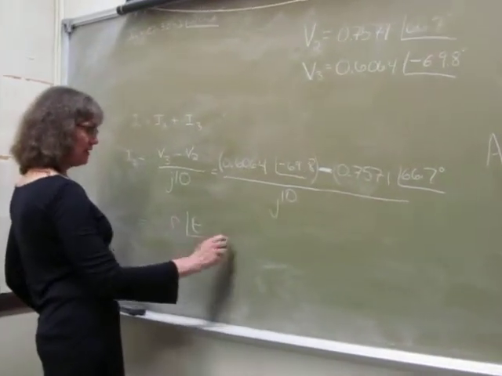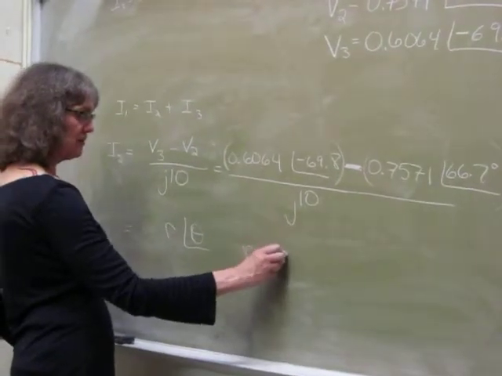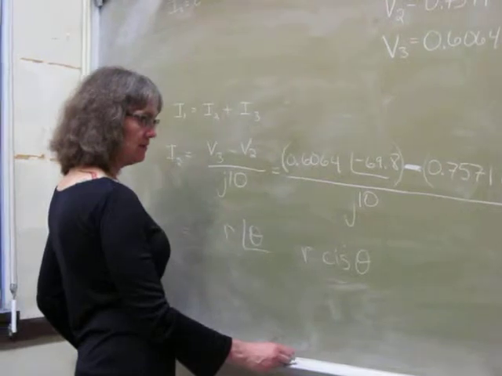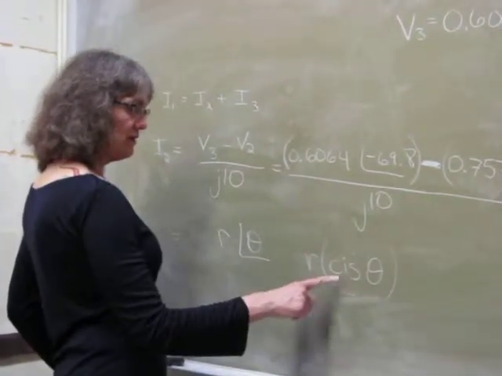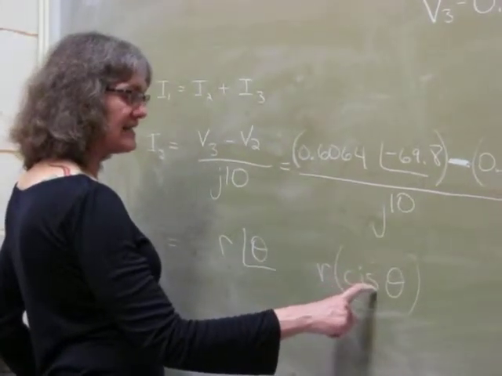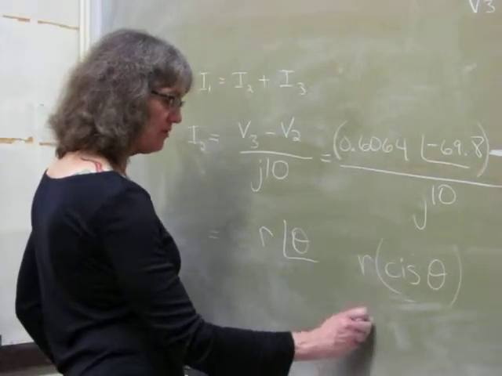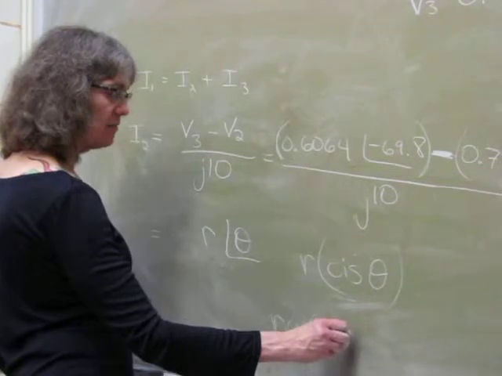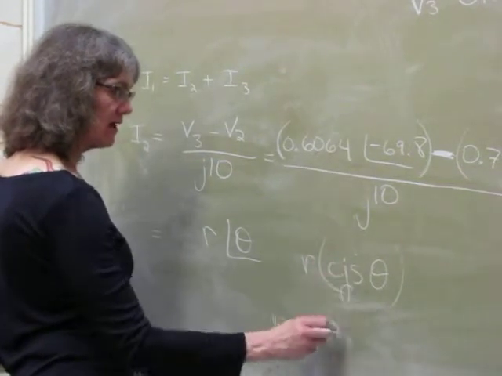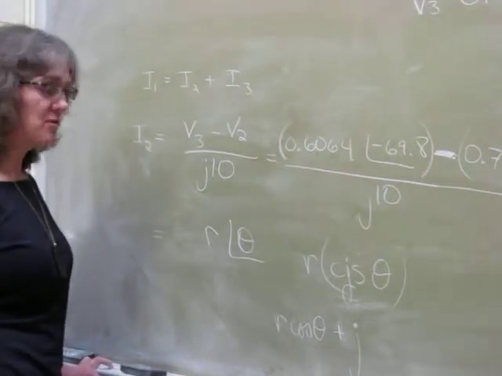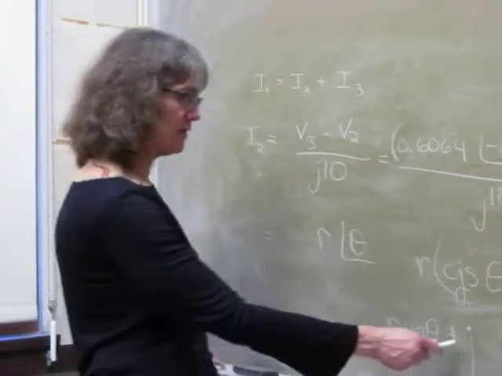Think of this bracket here as being the symbol C, or the acronym CIS, theta. And what you're doing here is cosine plus i sine. So what you're really doing is taking r times the cosine of theta plus i, but actually in this case i is j, because in circuits that imaginary number is symbolized by j, because i stands for current.